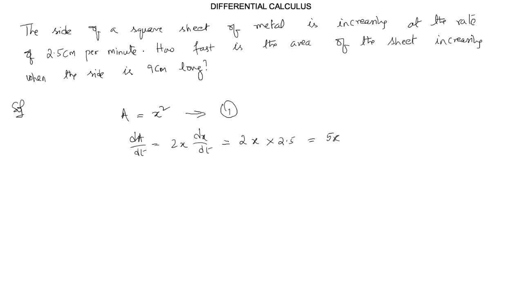Now when x is 9 centimeter, dA by dt is 5 multiplied by 9, which is 45. So this will be 45 square centimeter per minute, the rate of increase of the area when x is 9.